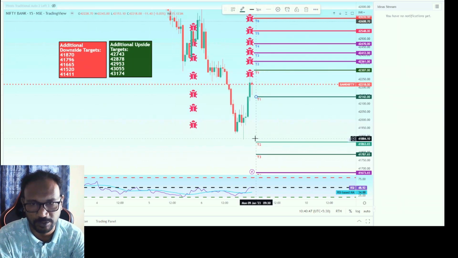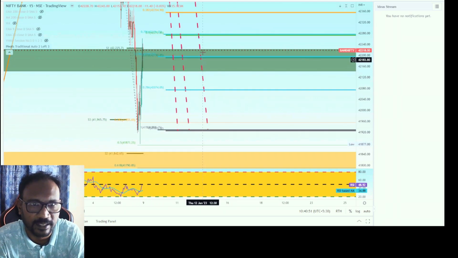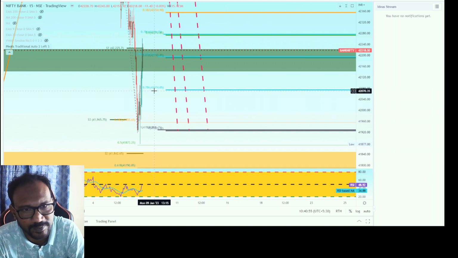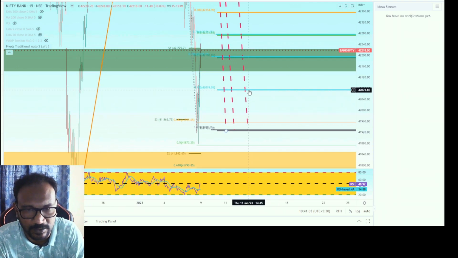Okay, 42,142 is drawn. Right. Then the next level is 40. Here I am taking 786 because there are no other intermediate levels. Plus, it's fine because something is there from the Fibonacci for this range.